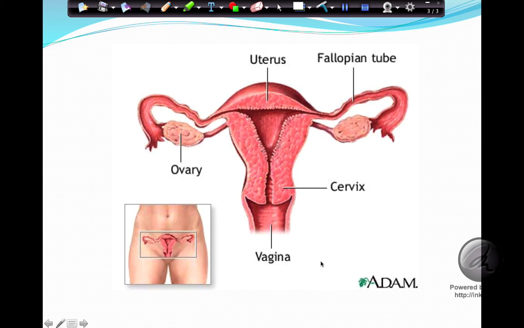I like to think that this looks like Bullwinkle, the old Moose cartoon, or Domino's Pizza used to have a character called the Noid. It looks kind of like the Noid's head. But this is essentially the internal anatomy. Like I said in the previous slide, the vagina is both an internal and an external anatomy structure, and you can see that's true here as well.